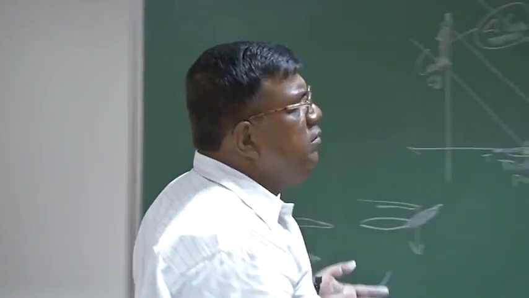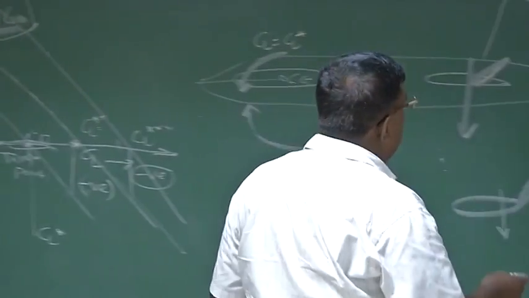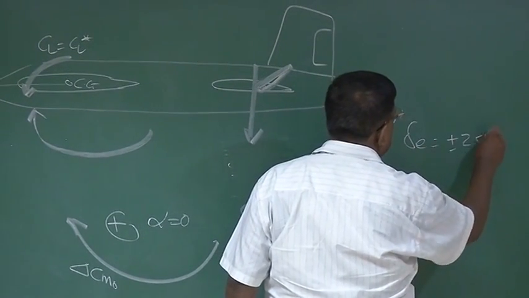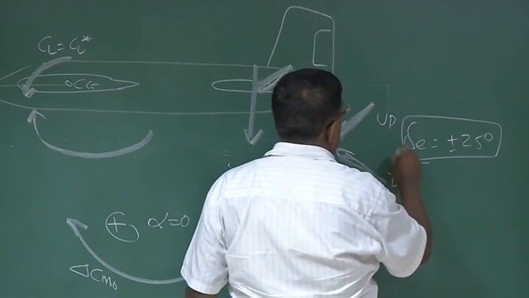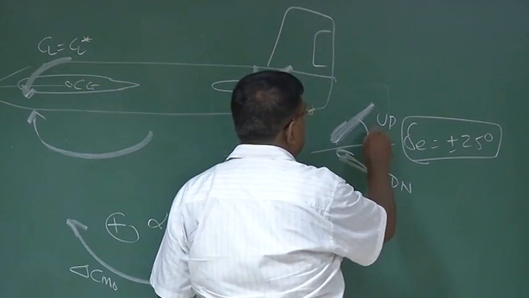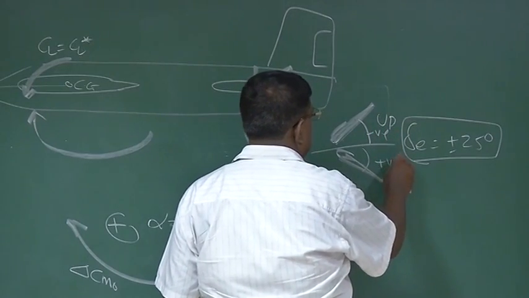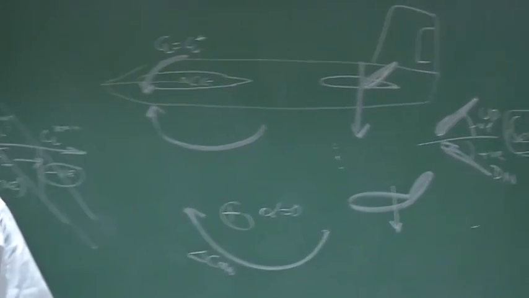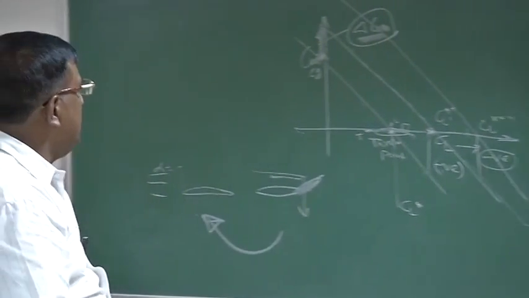So there is a restriction. In general, 25 degree plus minus is good enough. 25 degree plus minus means delta E plus minus 25 degree, where plus is down and negative is up. This is negative and this is plus, positive. So plus minus 25 degree is a good assumption that flow will not separate.